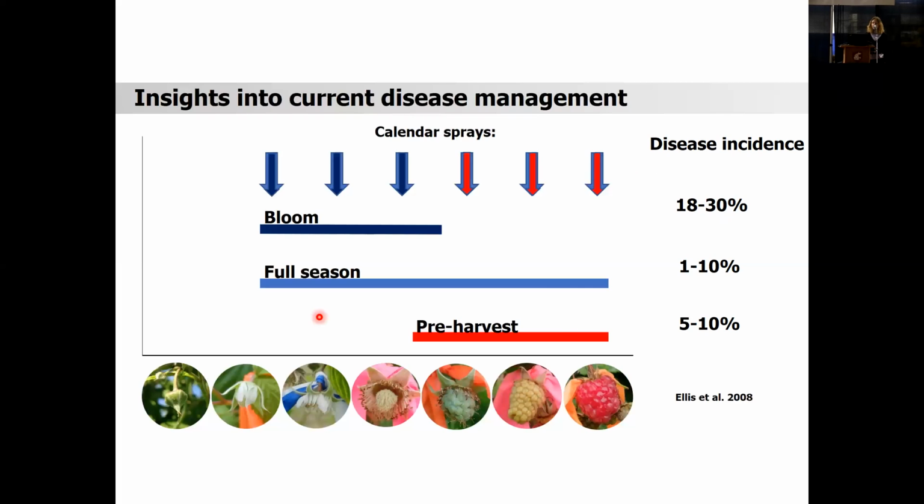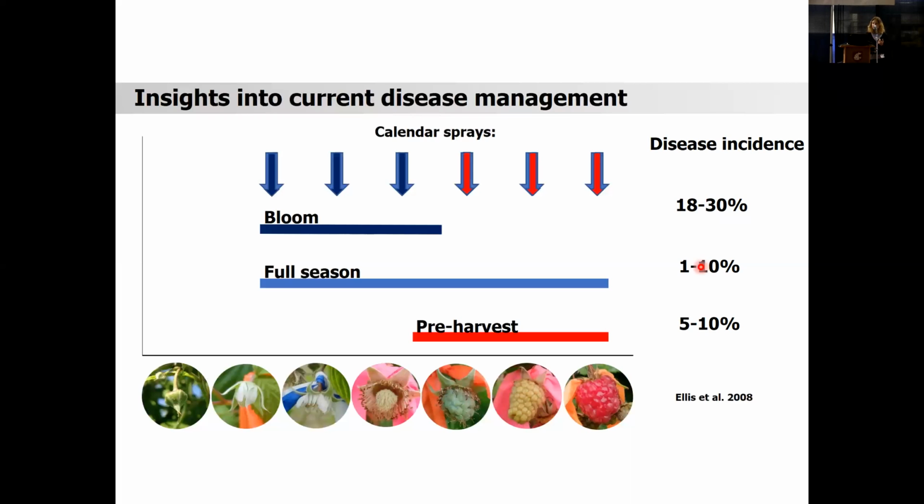Full season and pre-harvest programs had similar results and yielded much lower disease incidence, from 1 to 10%. So this data tells us that the infection process of raspberries most likely is more complicated than just infection of flowers in the beginning of the season.